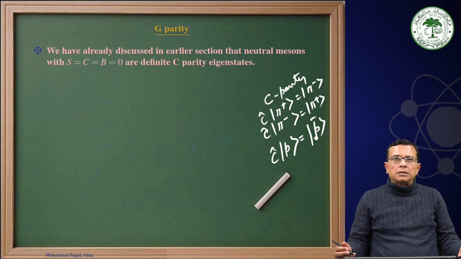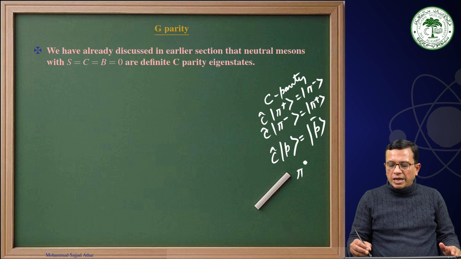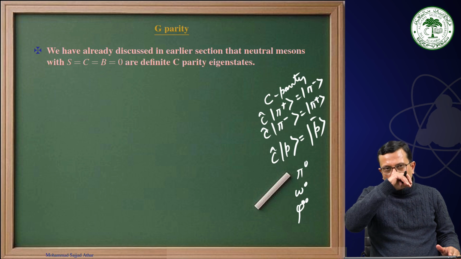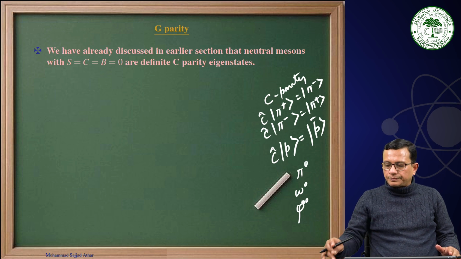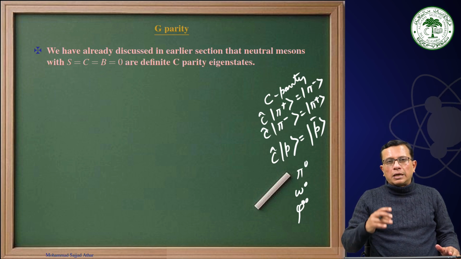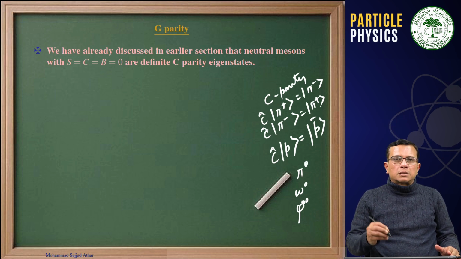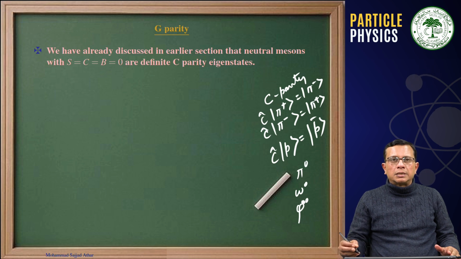What we saw is that we have pi 0, omega 0, phi 0 as the particles which are good C eigenstates. Now for the mesons, to include all the three pions like pi plus, pi 0 and pi minus, rho plus, rho 0 and rho minus, etc., we define G-parity.